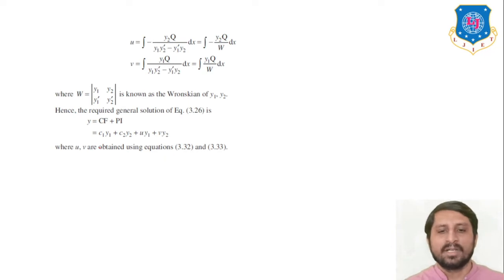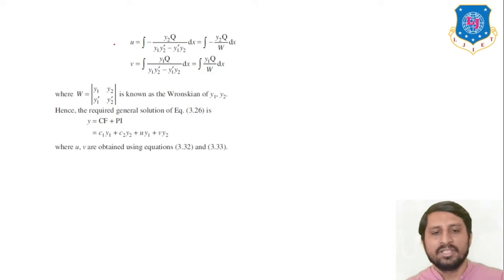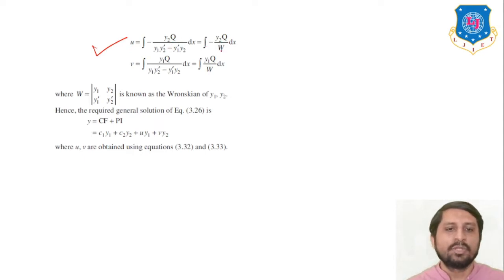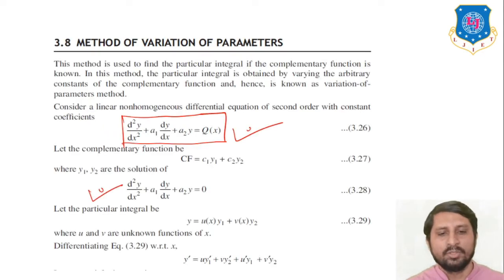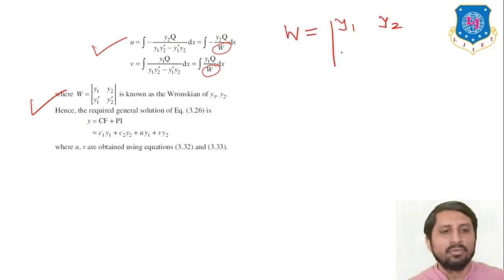The complementary function we find with the same method as in previous examples. But what is the particular integral here? First we find u. u is the integration of minus y2 q upon w dx, and v is the integration of y1 q upon w dx. Now what is w? W is our Wronskian determinant, the determinant of y1, y2, y1 dash and y2 dash.